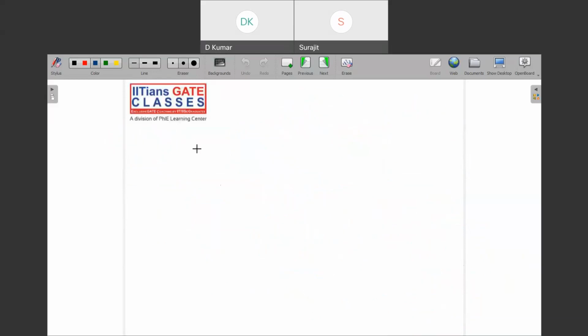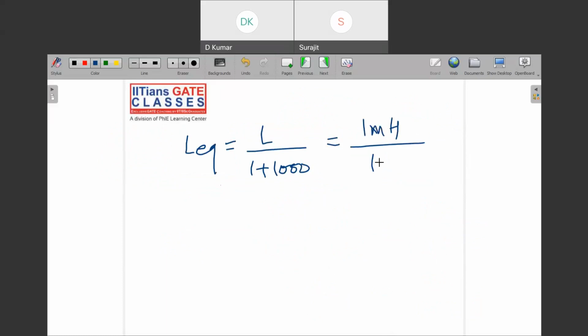L equivalent will be L upon 1 plus 1000. The way you calculated for resistance, follow the same procedure for inductance. L is 1 millihenry, so 1 millihenry upon 1 plus 1000 gives you approximately 1 microhenry.